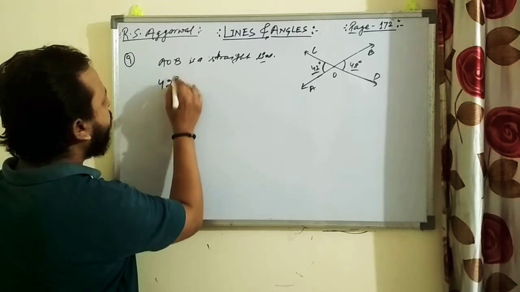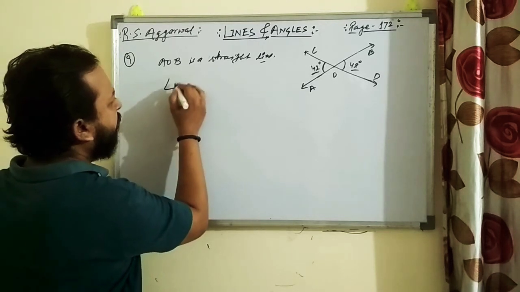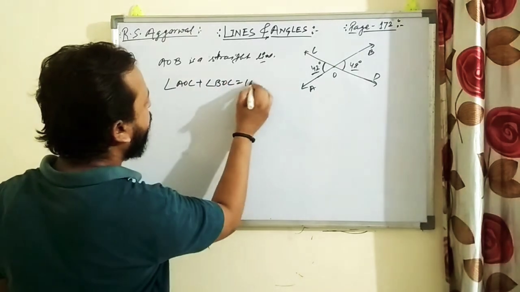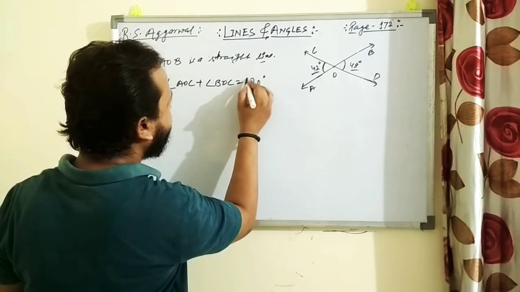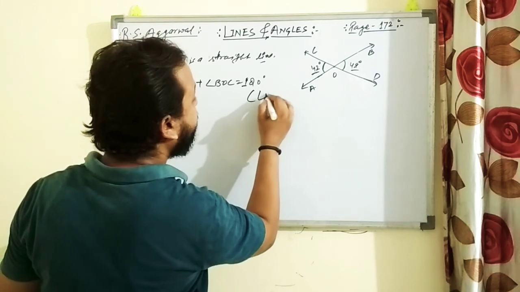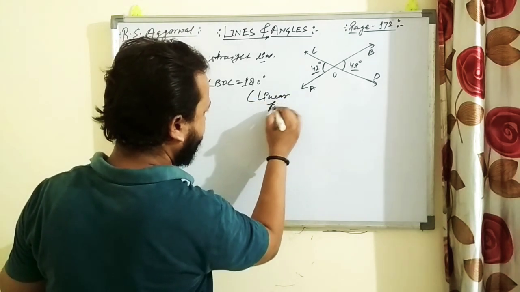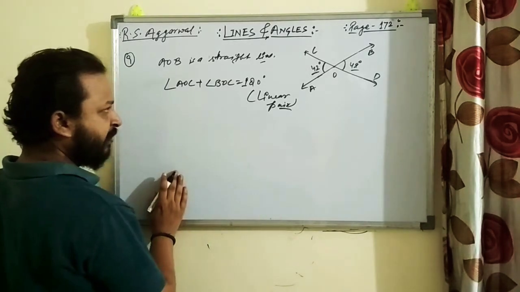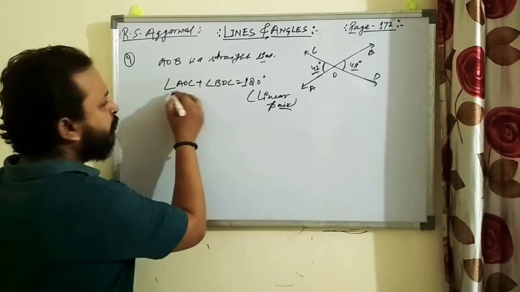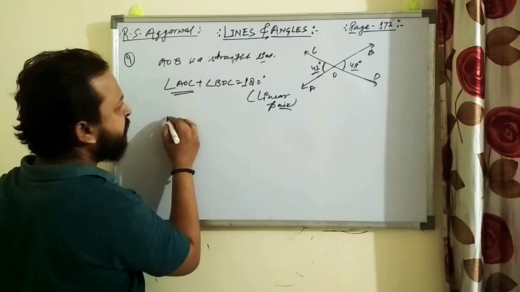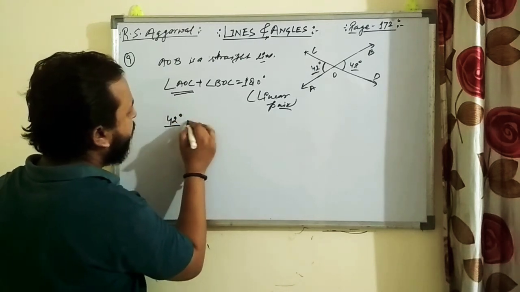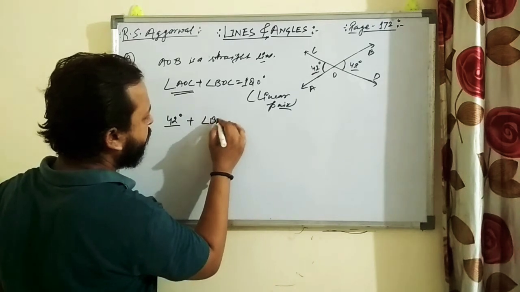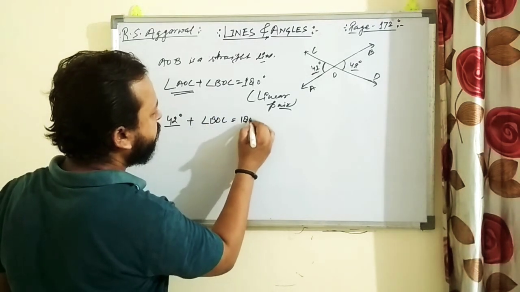So 42 degree, angle AOC plus angle BOC is equal to 180 degree. Why? Because they are making linear pair, right? Very good. So linear pair, right? So you know angle AOC, that is 42 degree, plus angle BOC you have to find out, and that is equal to 180 degree.